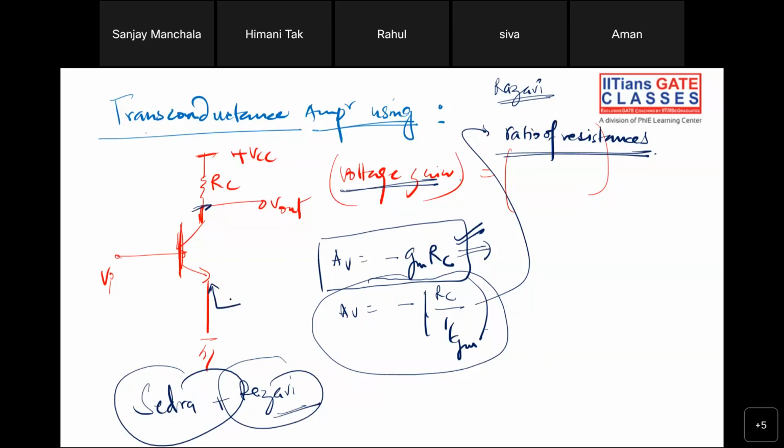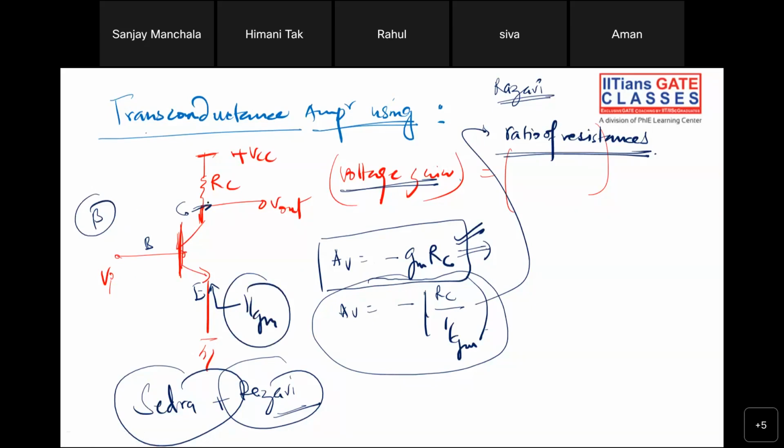Anyway, look at the resistance looking from this terminal. This is the emitter terminal, this is base, this is collector. I consider that beta is pretty high, IB is 0, all those conditions, you don't have to worry about that. So 1 by GM is the resistance looking from the emitter terminal, right?